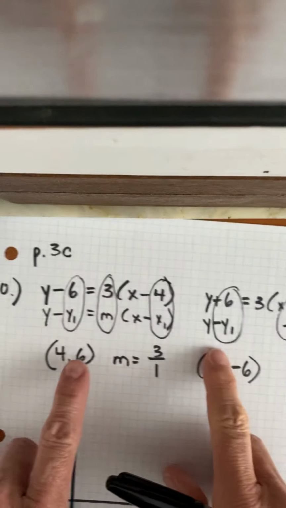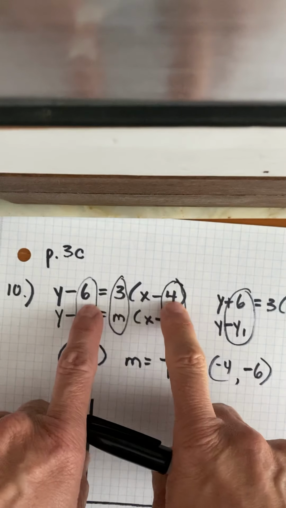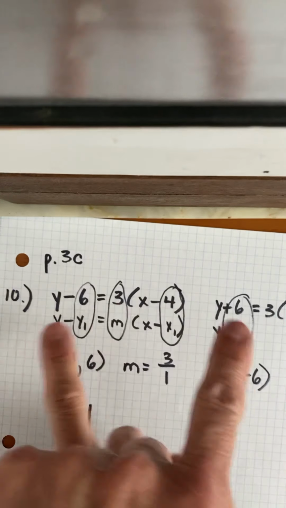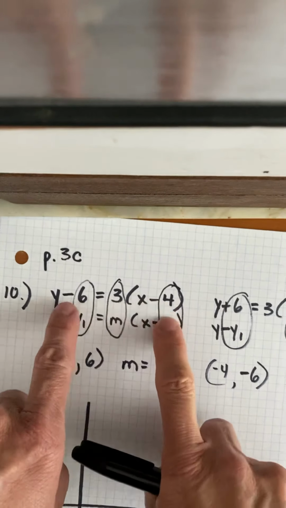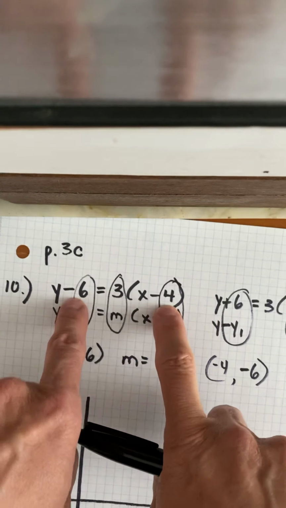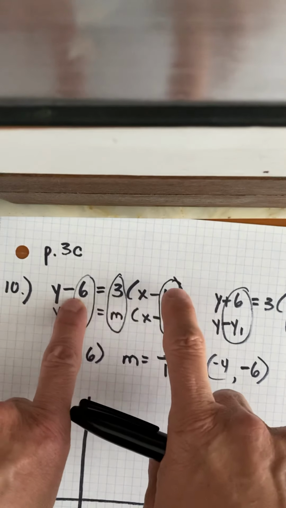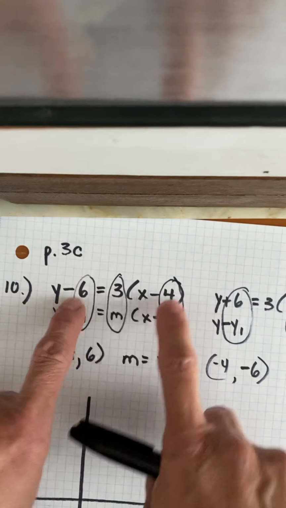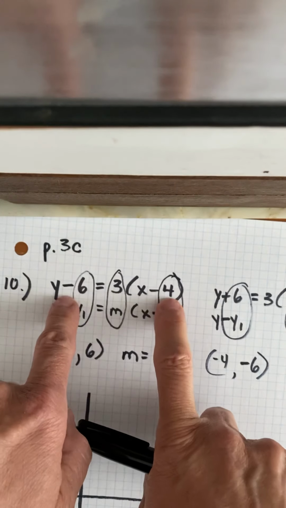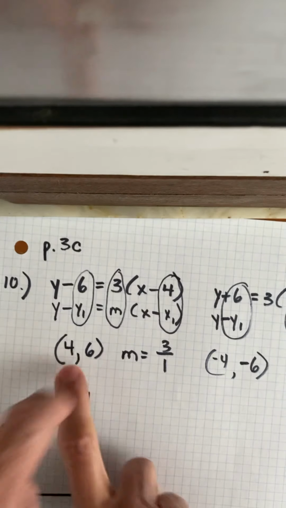So remember, when we have point-slope form and we identify the point, x and y switch, and we change the sign. So it looks like negative 6, negative 4, but the real point is 4 first, change the sign. Positive 4, positive 6. Not negative 6, negative 4, but positive 4, positive 6.